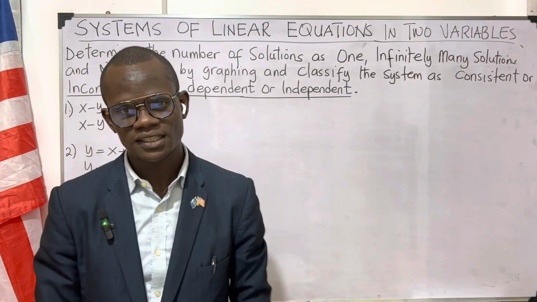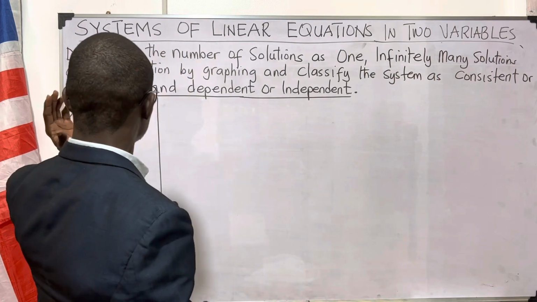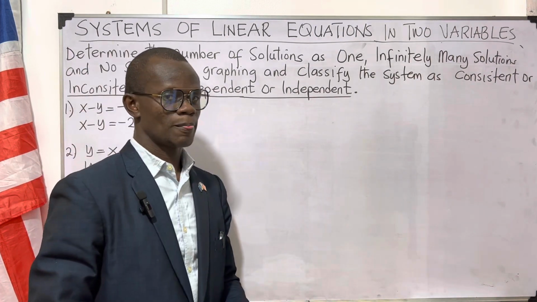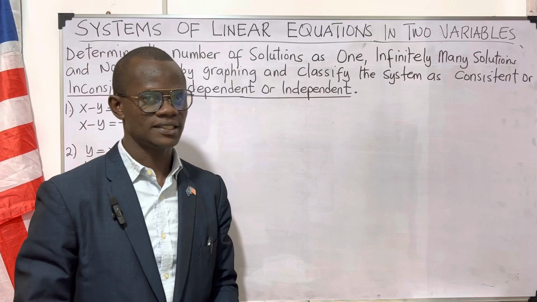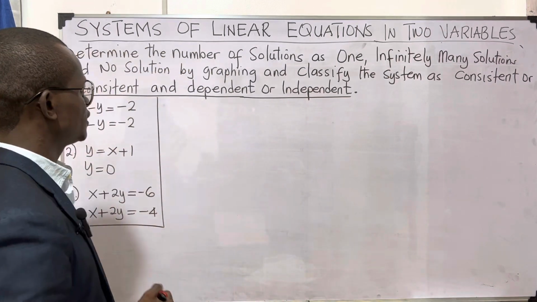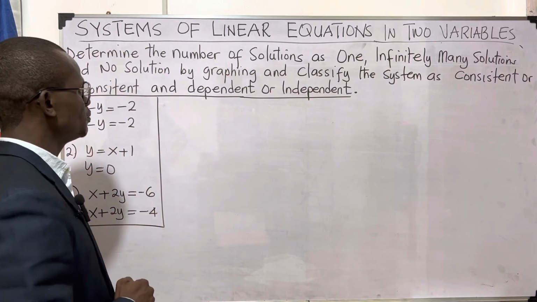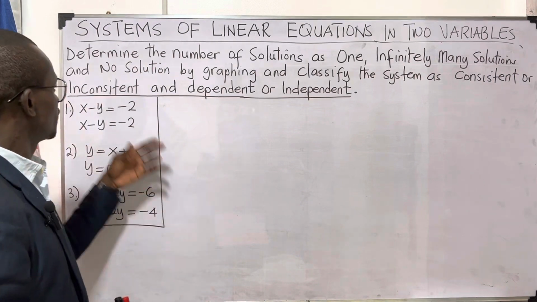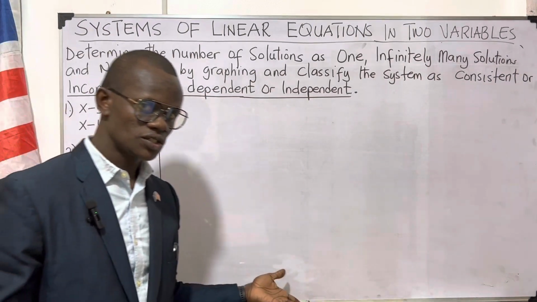And in today's lesson, I'll be looking at systems of linear equations, a continuation of our previous lesson. Under this lesson, we will be discussing particularly determining the number of solutions.